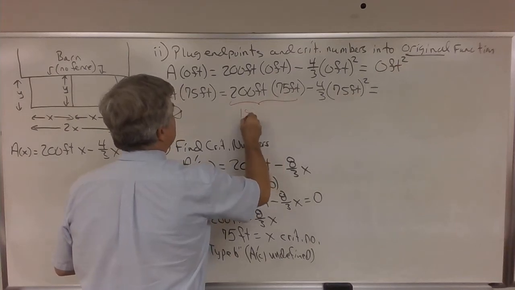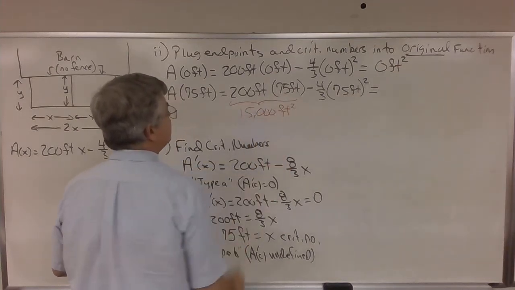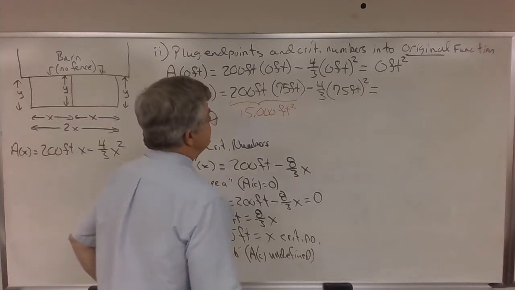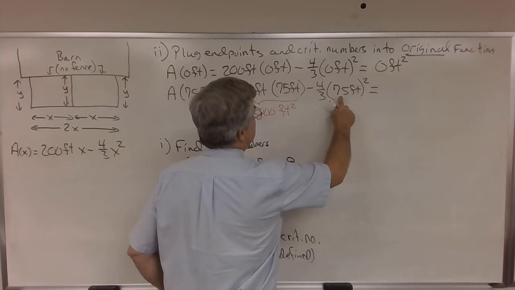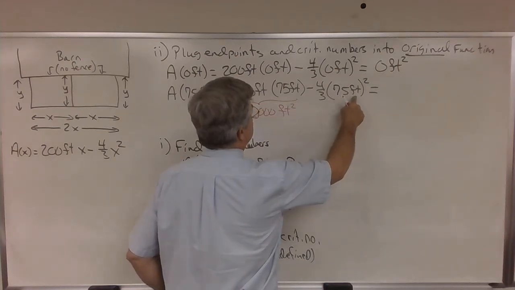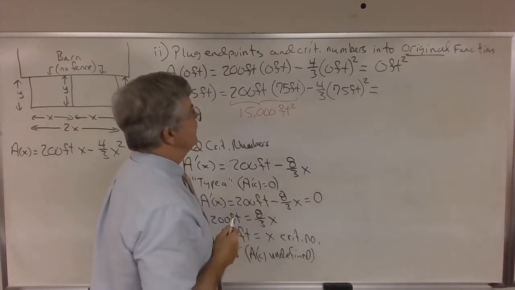Looks like this is going to be 15,000 feet squared. And I have 75 times 75 times 2 times 2.